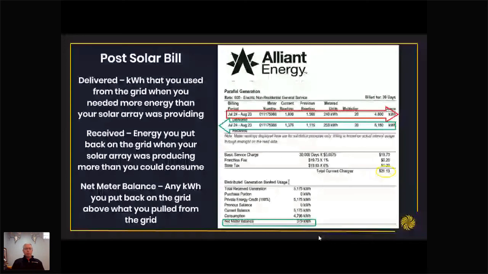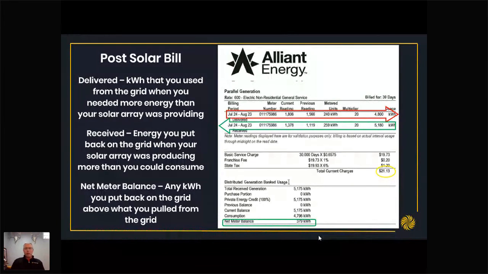For anybody watching this that already does have solar and has access to a monitoring portal, you probably already know this, but if not, this can be useful. You will almost never, maybe never, see the kilowatt hours produced by solar on your monitoring portal line up exactly with the kilowatt hours received by Alliant. The reason is, there will almost always be some instances where your array is producing exactly the amount of power that you're needing.